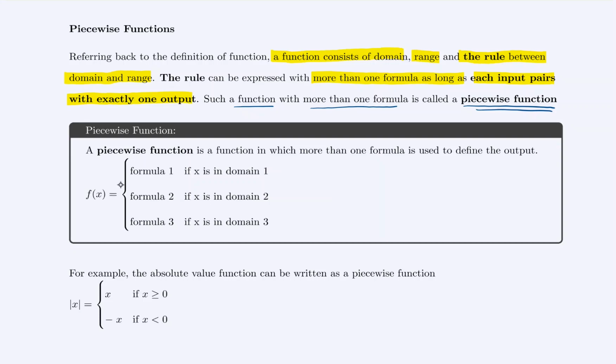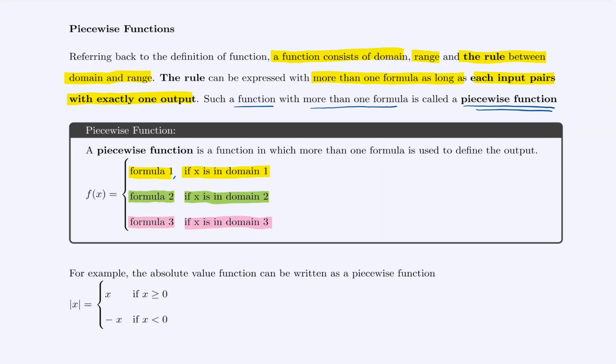But then it's followed by a large bracket where you've got a list. It says if your domain follows some rule, then act like formula 1. But whenever your domain is now in domain 2, act like formula 2. When your domain is now in domain 3, act like formula 3.